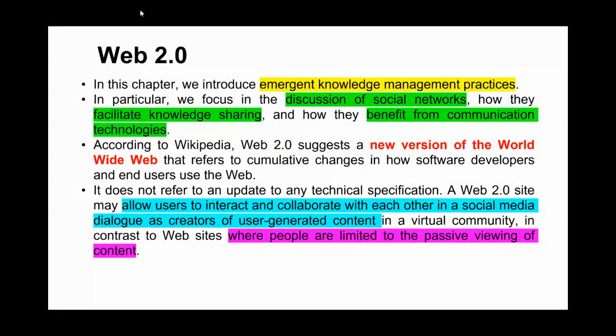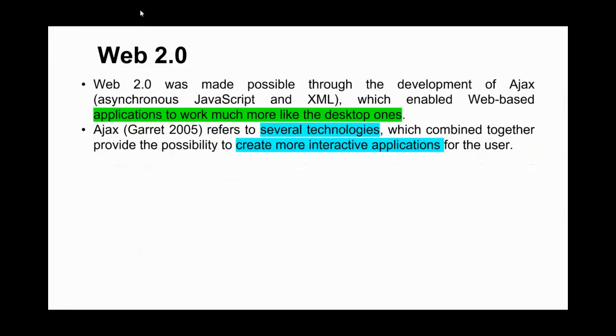Because here they say where people are limited to the passive viewing of content, they're talking about regular websites. So before Web 2.0, we just had websites where you could only gain information from. You couldn't necessarily post information onto the respective platform.